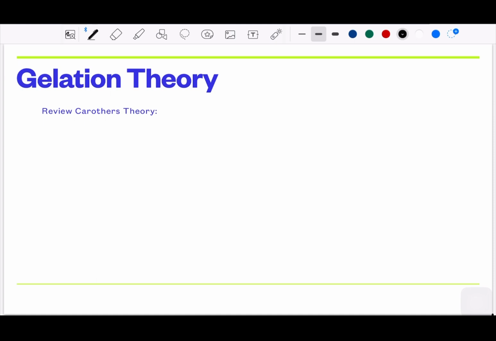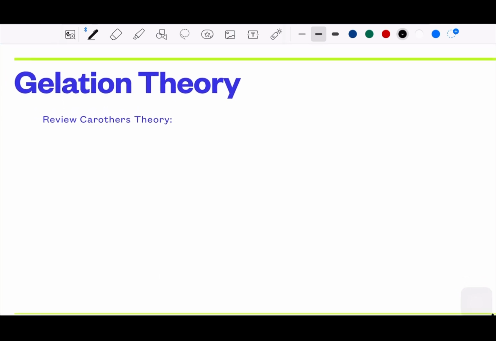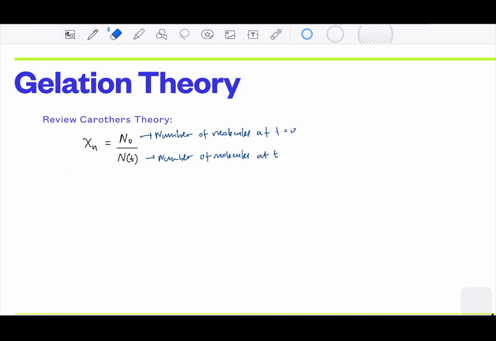So first, in characters, we can compute the degree of polymerization, which is the monomer divided by the monomer after some time. So after some process, right? How much is polymerized? So it's the number of molecules at t equals 0, which means at the initiation, and the number of molecules after some time.